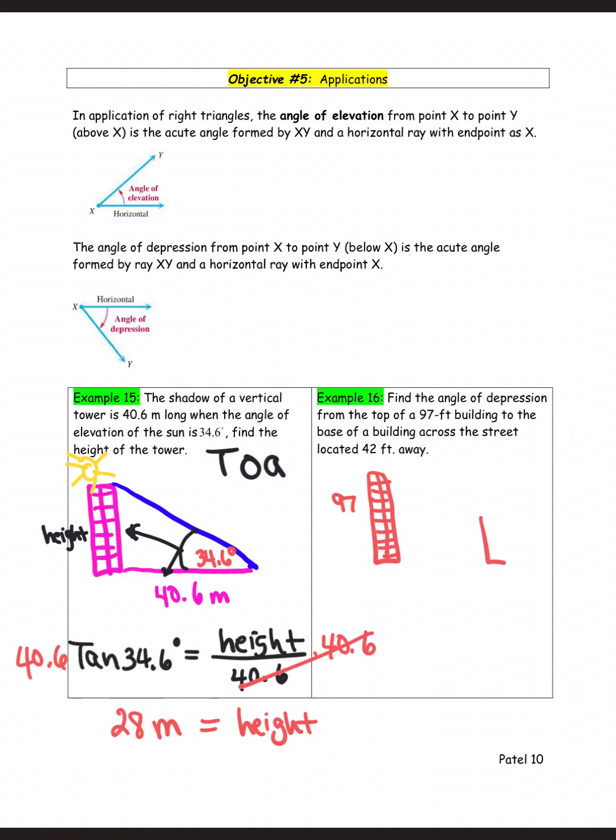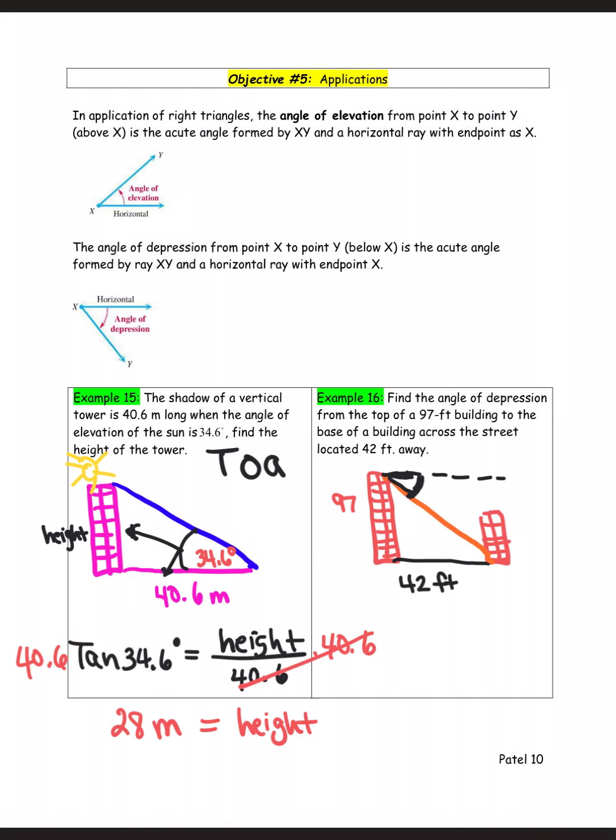And we have another building across the street, which is 42 feet away. What we want to find is the angle of depression. So we're on top of this building, and I'm looking for this angle right here, which is the angle of depression.